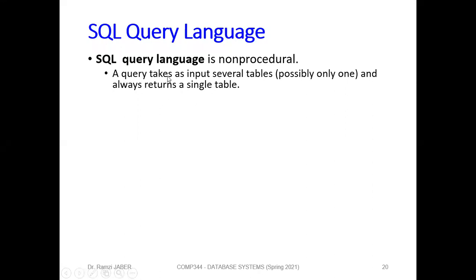A query takes as input one or more tables and always returns a single table as output. The output will always be one table. This is the SQL Query Language.